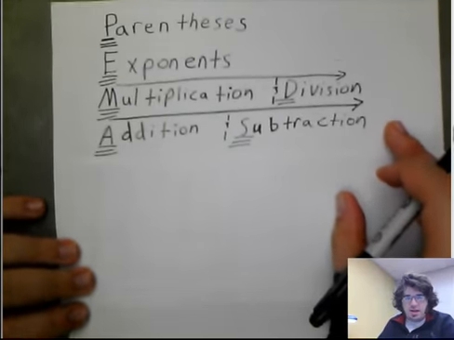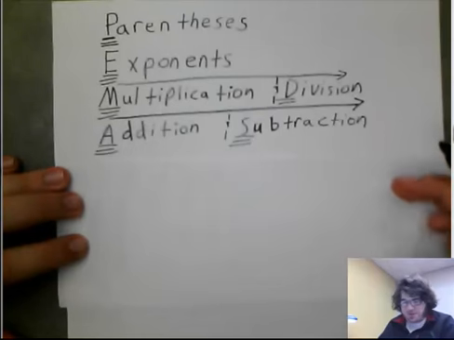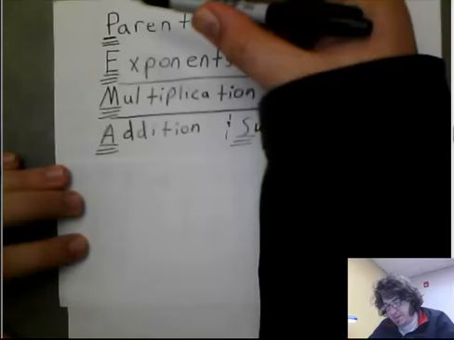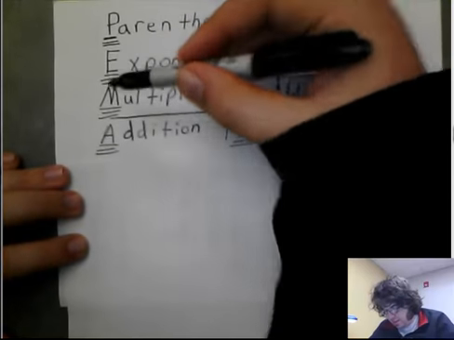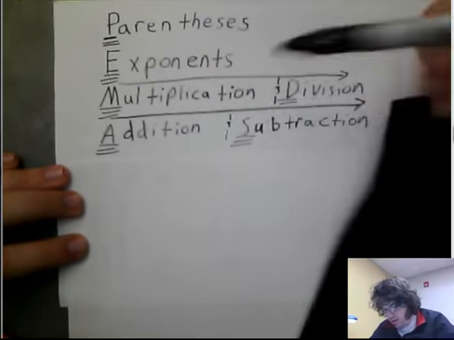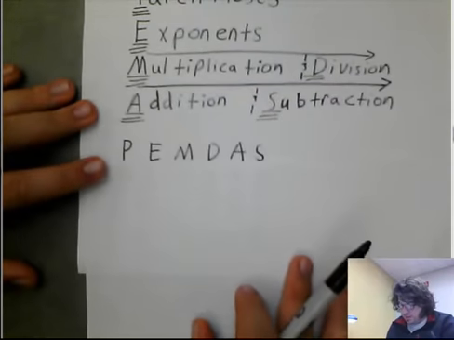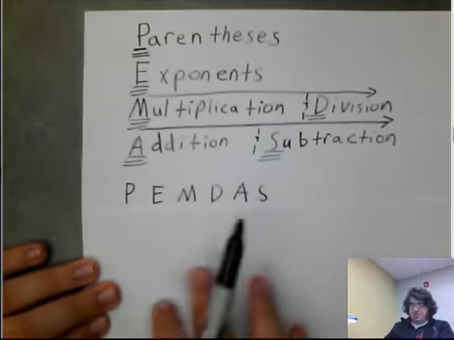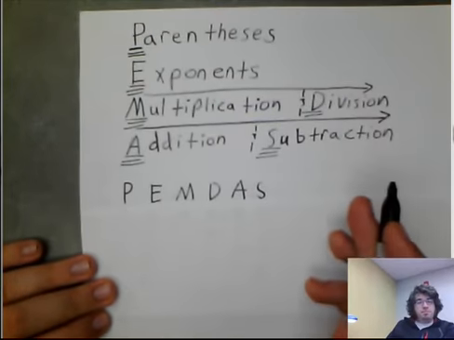Okay? Now, I underlined these first letters because this is how we remember the order. P, E, M, D, A, S. Okay? So if you can remember just this, PEMDAS, great.